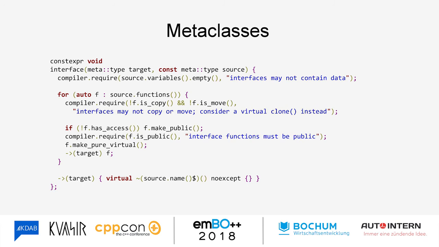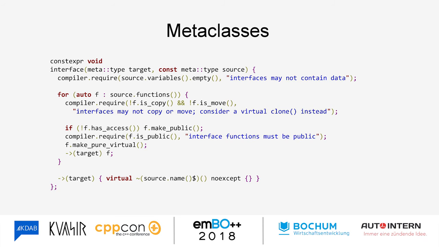So it's a constexpr function which takes a target type and a source type. If you watched the original videos of Metaclasses, this syntax might be new to you. This is the most recent proposal. But the idea is we're taking some source type and we're using it in order to generate a new type.